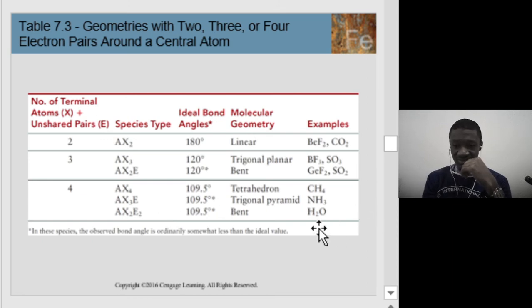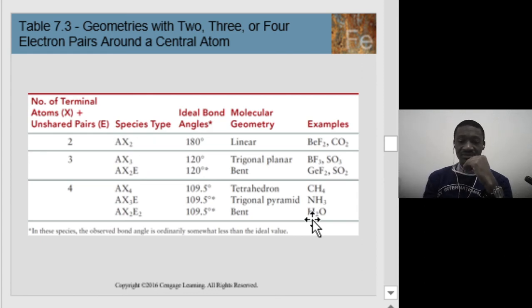It has two attachments, the number of terminal atoms, and then we have the unshared pairs. So water has one central atom, which is oxygen, and two attachments, and then oxygen has two lone unshared pairs, so hence it falls under bent.